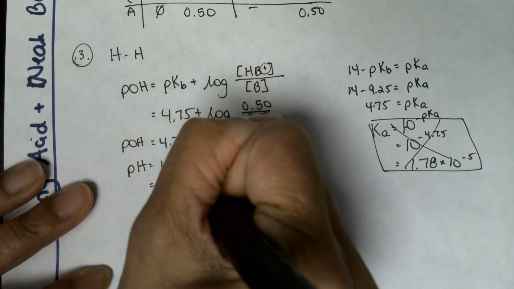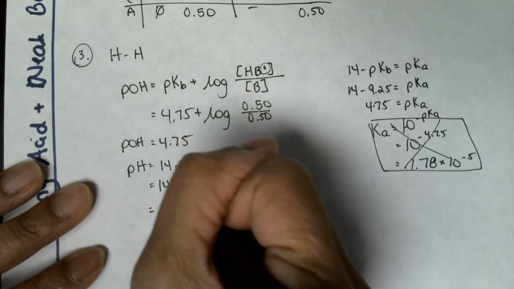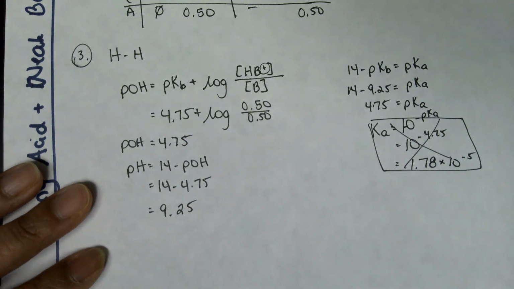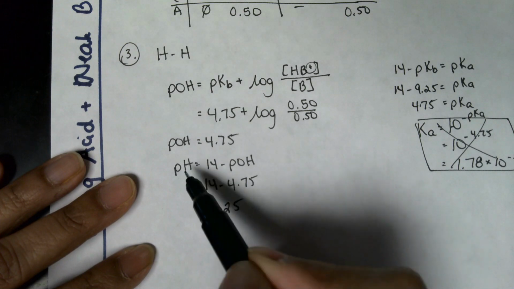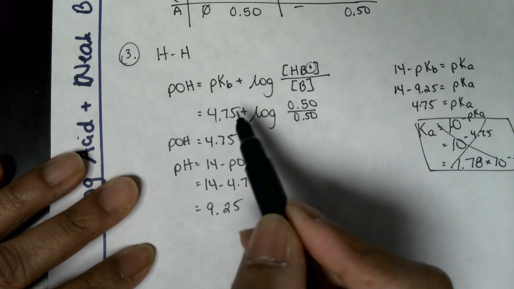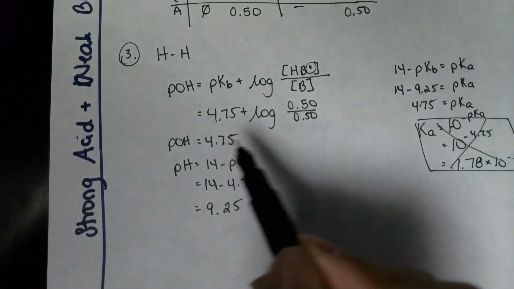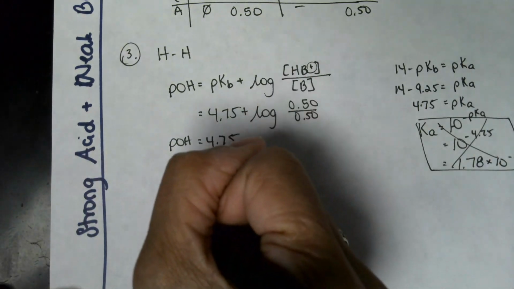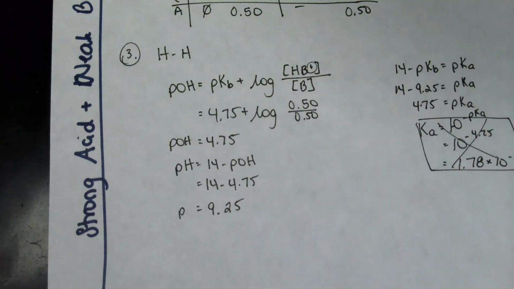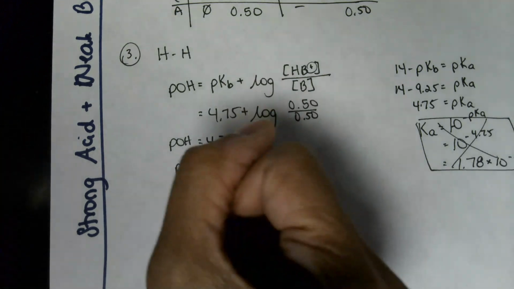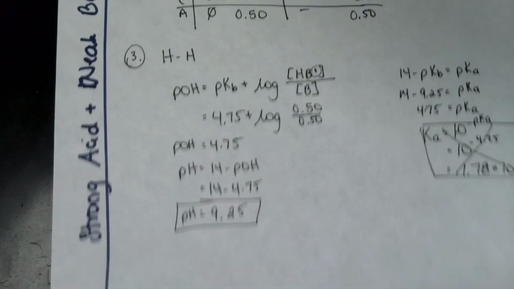So 14 minus 4.75 ends up giving you 9.25. So this is a prime example of when your pH is equal to your pKa. And that's what happens when you end up with that weak base in excess. That's the half equivalence point for this one. But that's pretty cool.